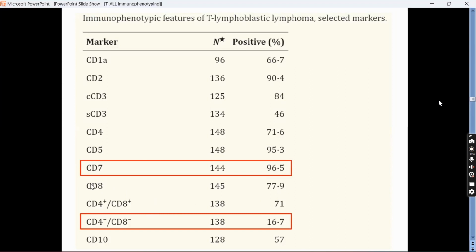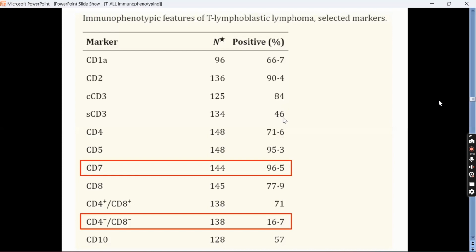Single positivity, either 4 or 8, can be seen in 77.9% or 71.8%. CD1A can be seen in 66.7%. So when CD1A is seen, it is cortical TALL; cortical TALL constitutes 66.7% of all TALLs. CD2 is expressed in most TALLs, around 90.4% of the time. Cyto CD3 is expressed in 84%.